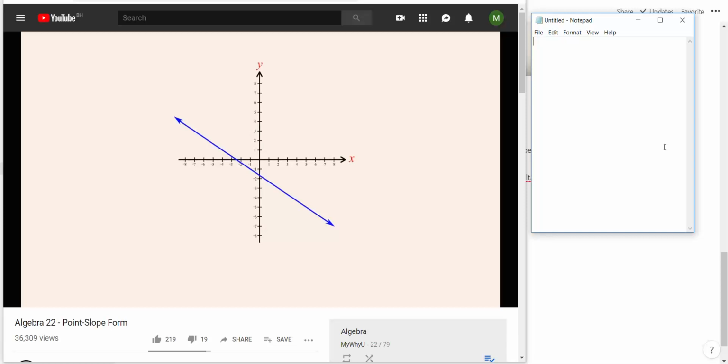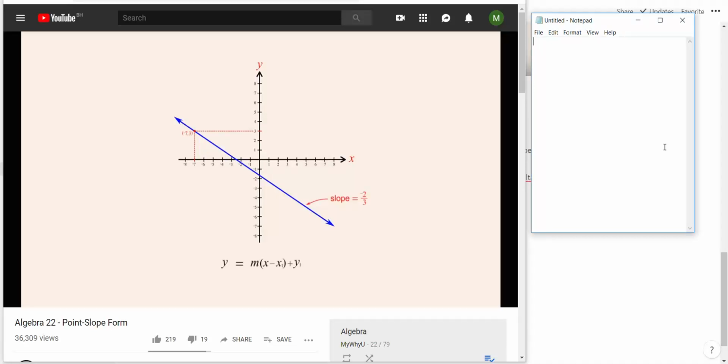Once again, we are given the graph of a line but not its equation. And once again, it is not clear from looking at the graph exactly where the line crosses the y-axis. We are told that the line passes through the point -7, 3, and that the line's slope is -2/3.